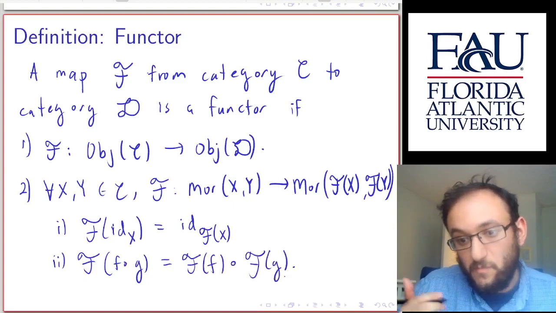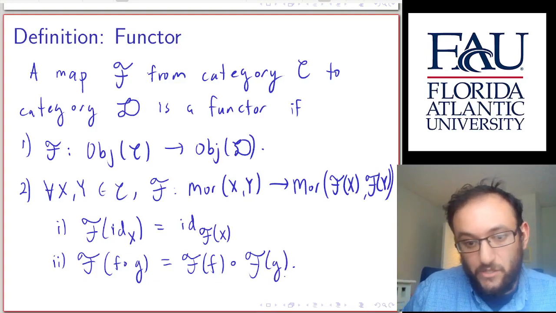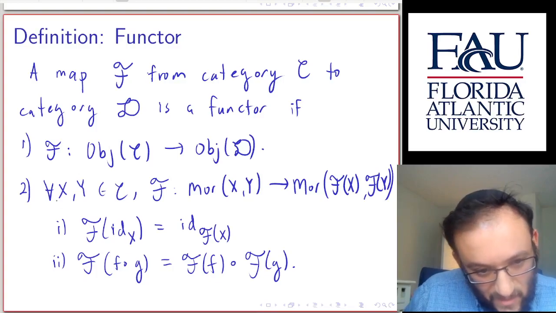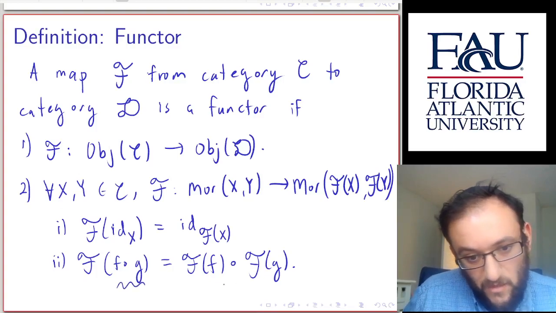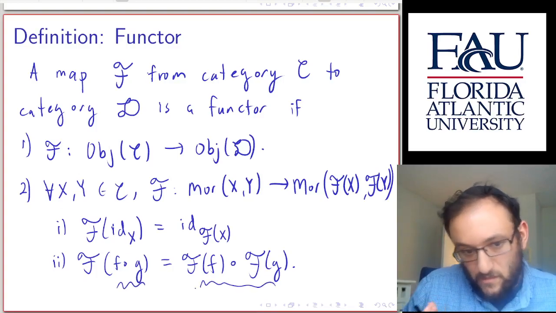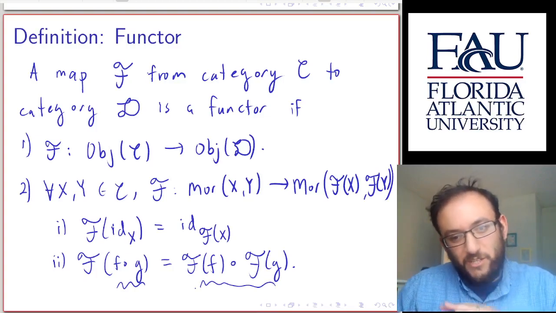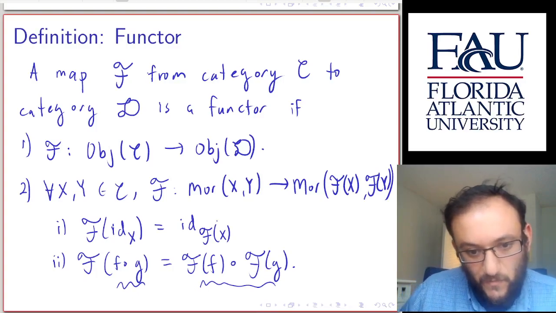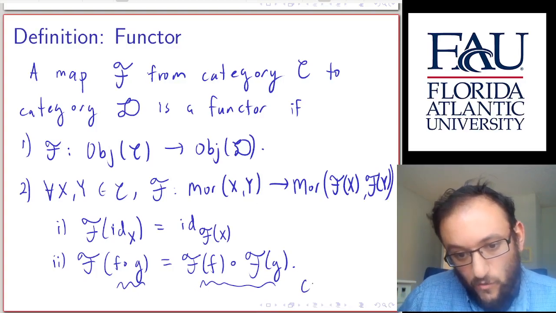So it respects both the identity and the composition. The order here stayed the same, so the f is happening after g, even though you write g to the right. G happens first and then f. So this is a covariant functor.